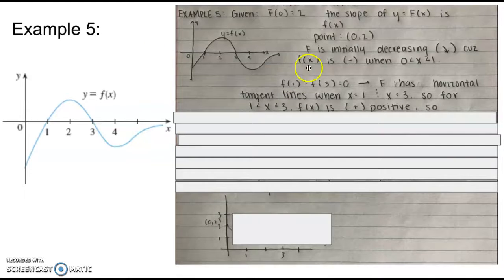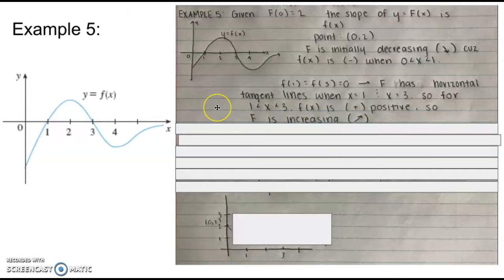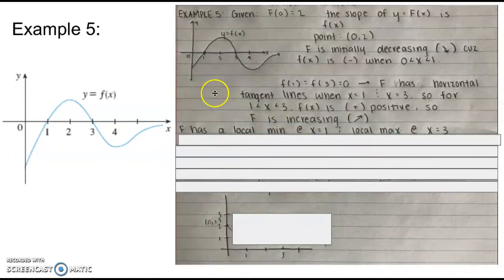Now, for 1 less than x less than 3, f of x is positive, as we can see on the graph, which means that capital F is increasing. We also see that capital F has a local minimum at x equals 1 and a local maximum at x equals 3.